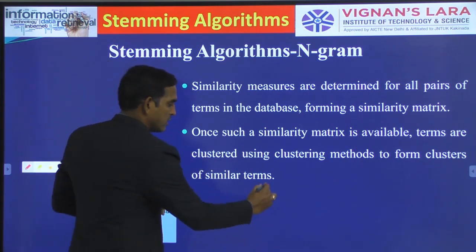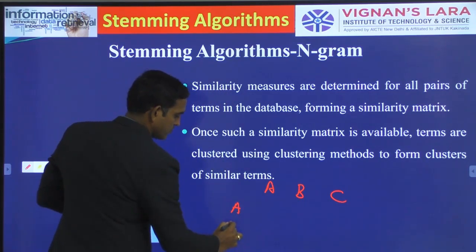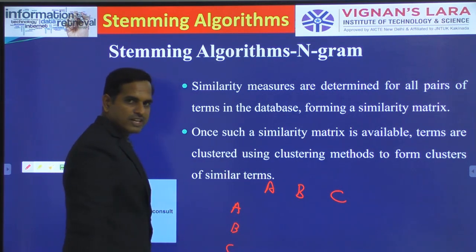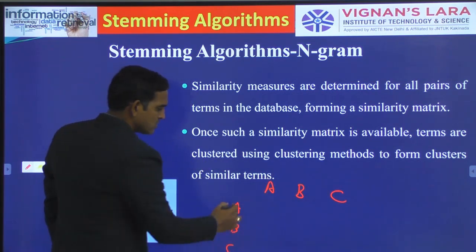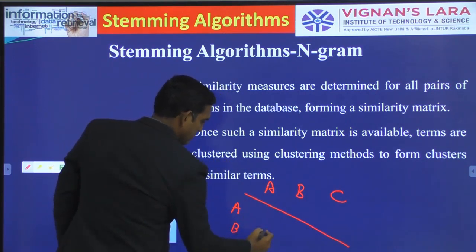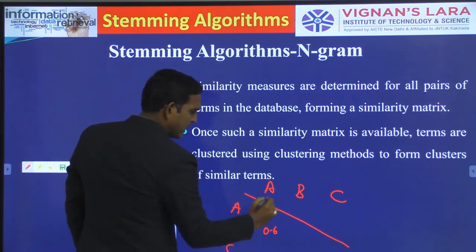Okay. So, if you are having 3 terms, A, B, C, we try to find out the similarity measure between A, B. We try to find the similarity measure between A, C. So we'll be getting a matrix where we'll be having a comparison between A, B, that will be some value, and A will not be compared with itself.